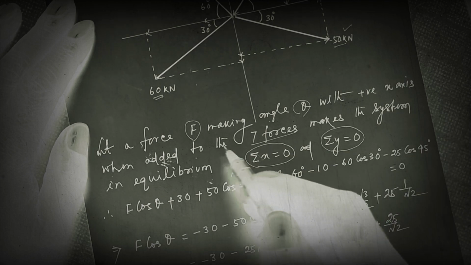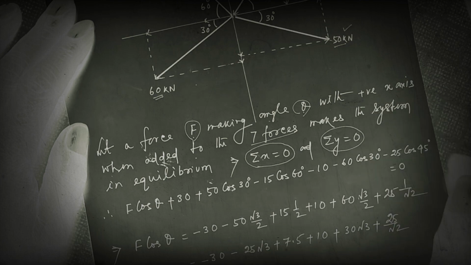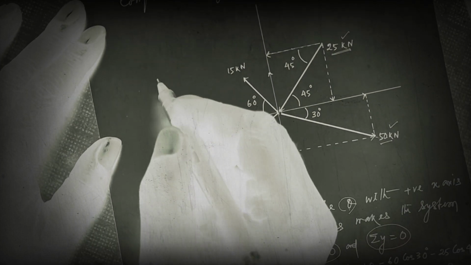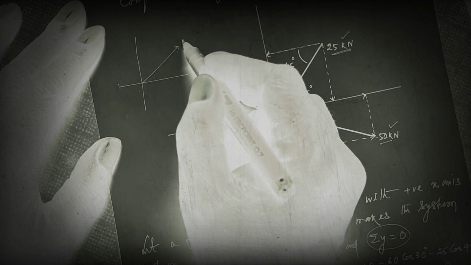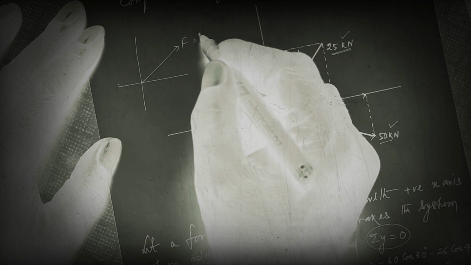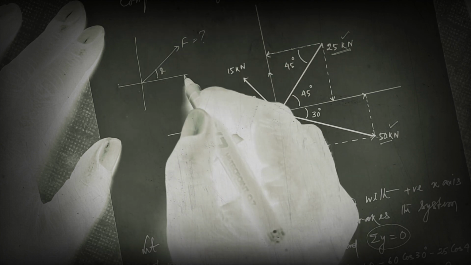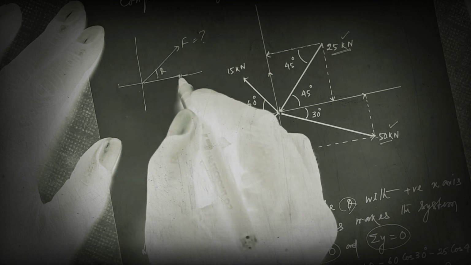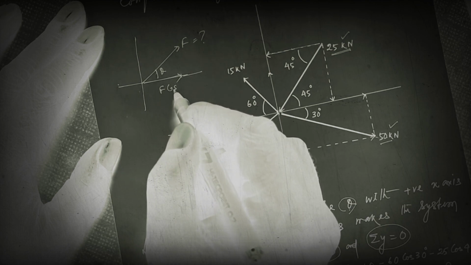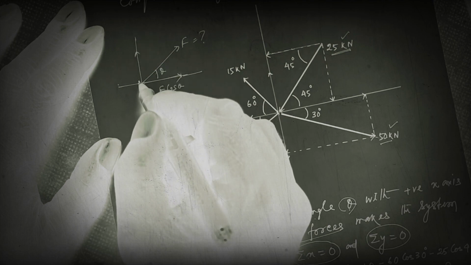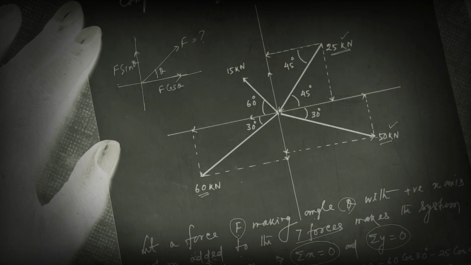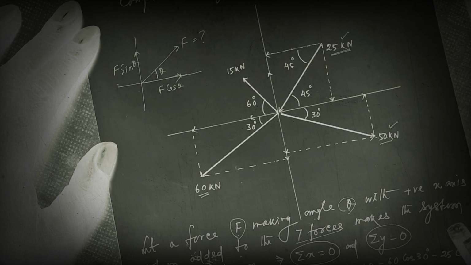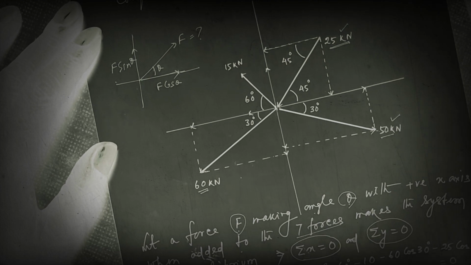So I am considering a force F, which is to be found out, making angle theta with the positive x-axis. So this will be your F cos theta and this will be your F sin theta. So we have resolved all the forces required into their rectangular components along the x-axis and y-axis.